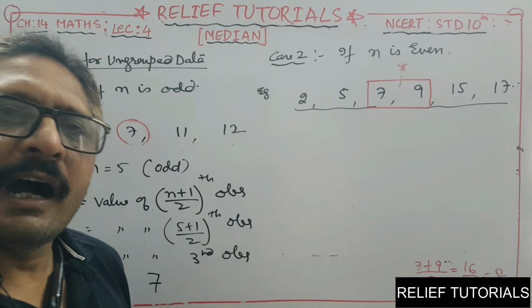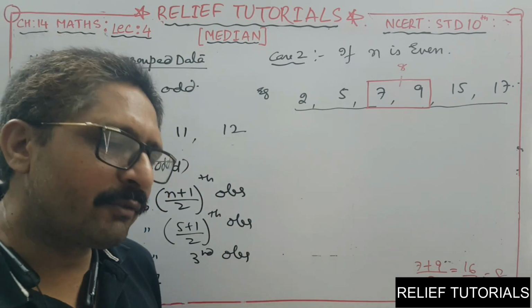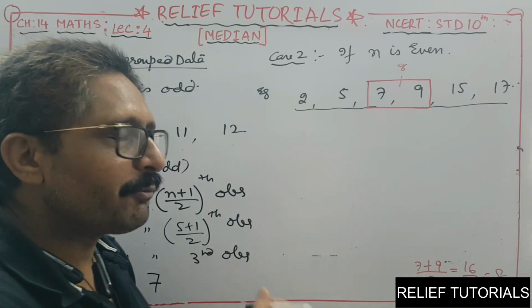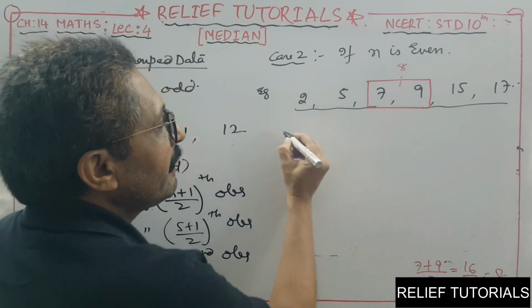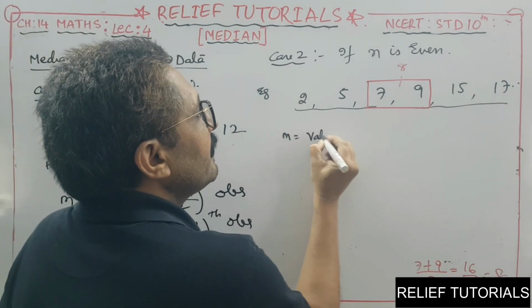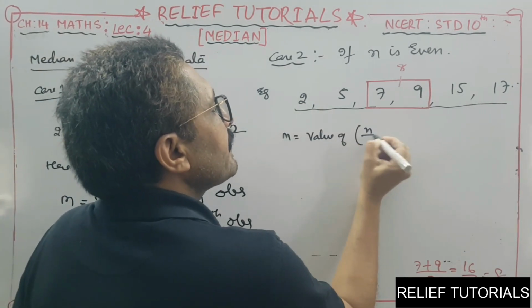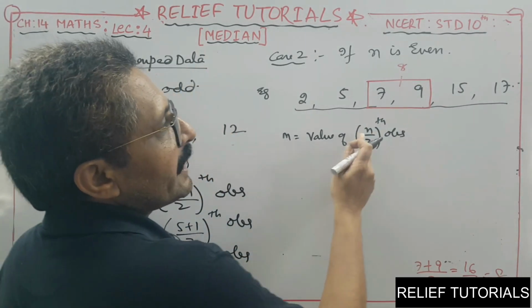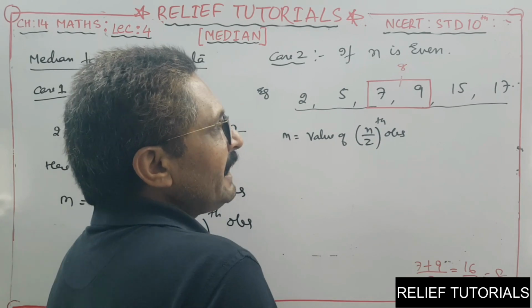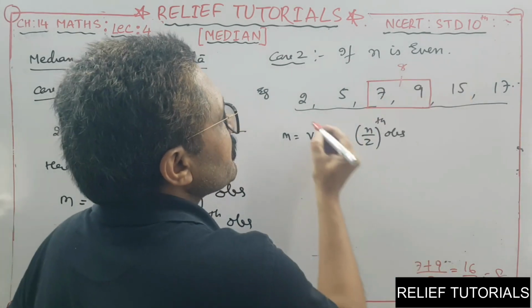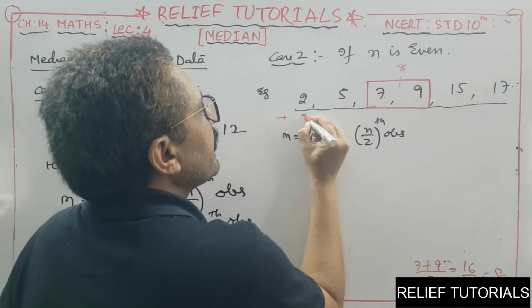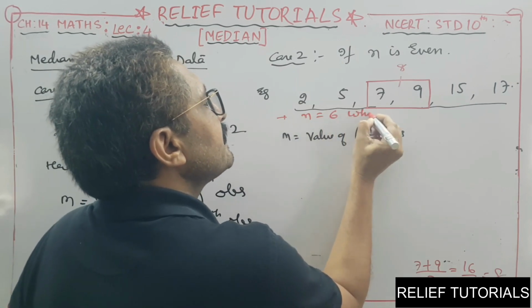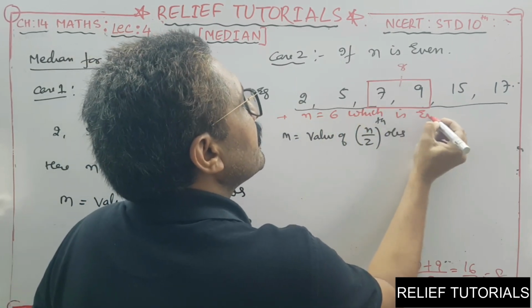Now, how can we find this mathematically? We have learned in 9th standard the formula to find the median for ungrouped data. So M is equal to the value of the n by 2nd observation. Here n is equal to how much? In our case n is equal to 6, which is even.